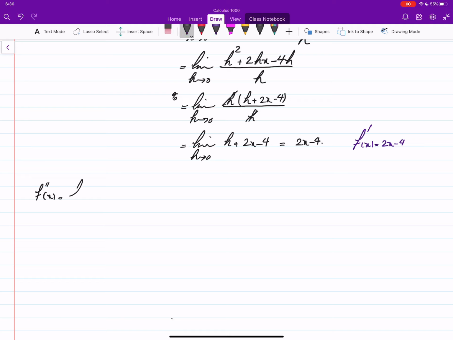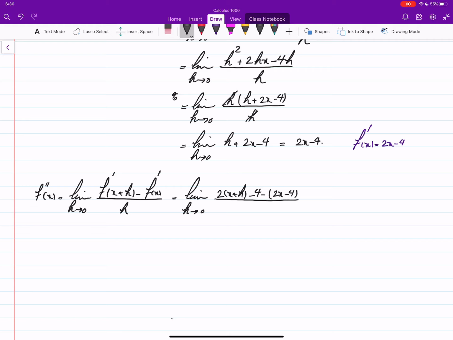It means that we do the same thing, but instead of using f, use f prime, over h as h goes to 0. And this time it is even easier. So it is 2 times (x plus h) minus 4 minus (2x minus 4) over h.